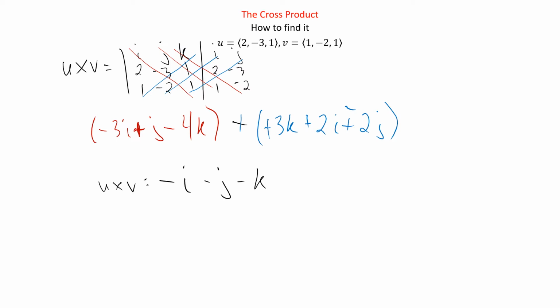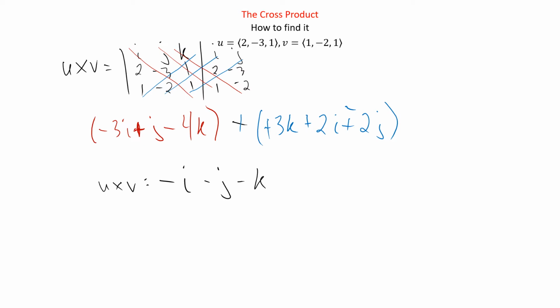Is that what you got? Hopefully it was. If not, did you see where you may have made a mistake? There's a few moving parts in this. Another thing that this will have you do is it'll tell you to show that it's orthogonal to both of the two vectors. Now we're going to get to that in just a second.